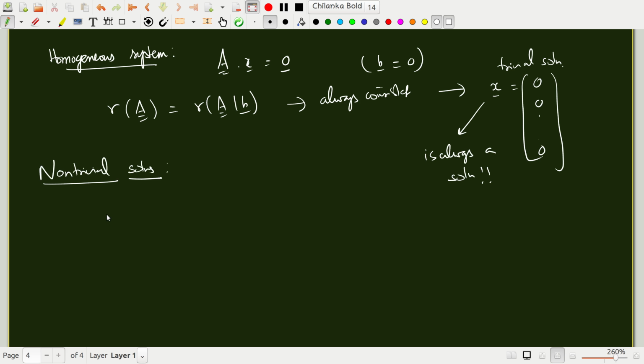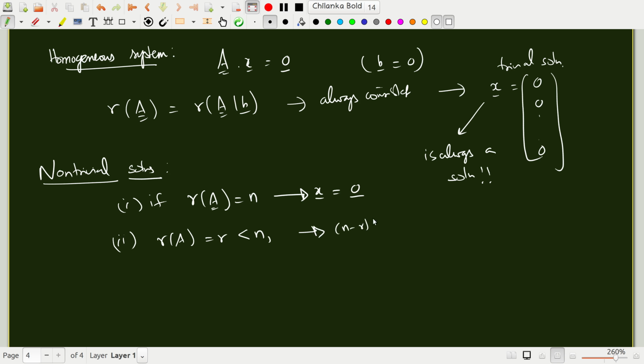The answer to that is, if r of A is equal to n, then x is 0. You will get only the trivial solution. In order to get non-trivial solutions, if r of A is equal to r less than n, then you will have an n minus r parameter family of non-trivial solutions.